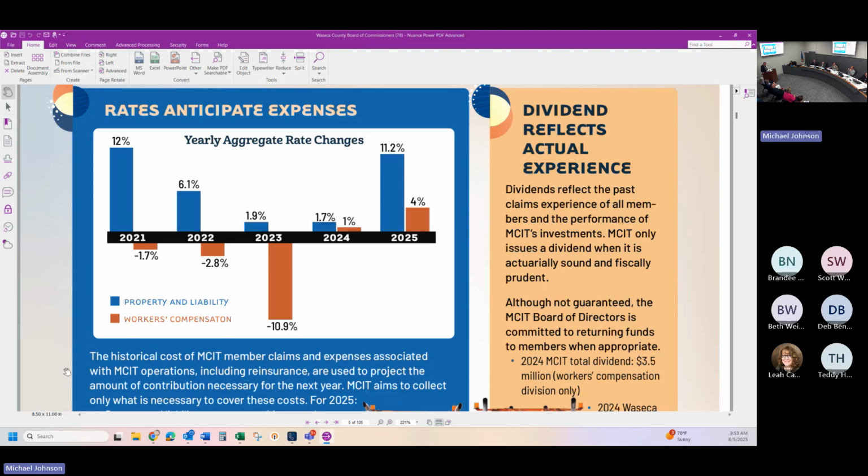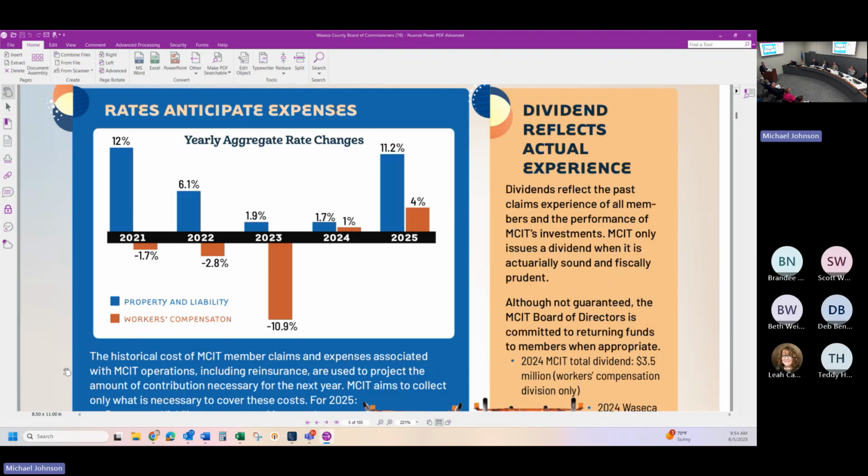And so we saw 11.2% last year. In 2026, that rate of increase will be 0 for that blue bar. So that's good news. But again, just like you're seeing valuations increase, we also see that total insured value increase as well. So that will be a cost driver for our contributions in future years.